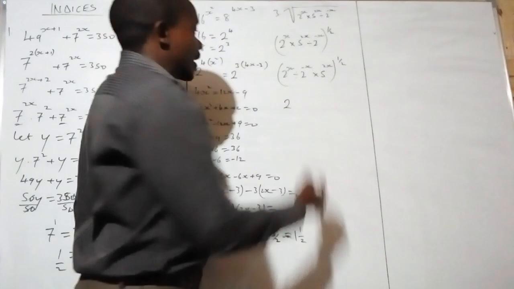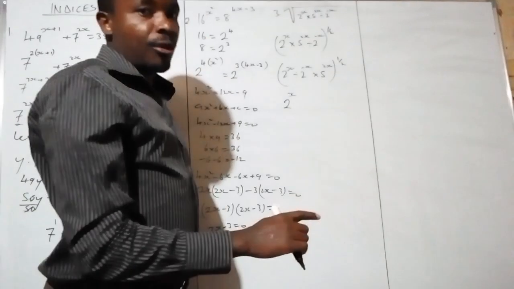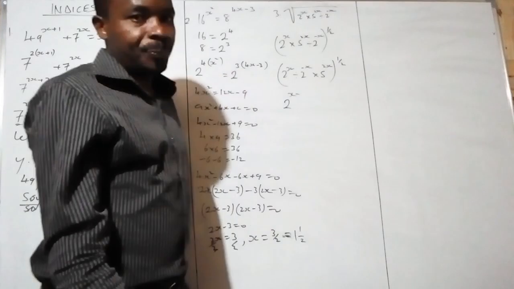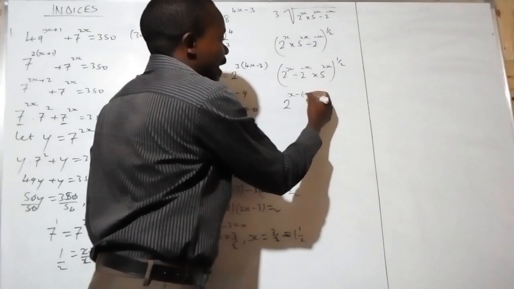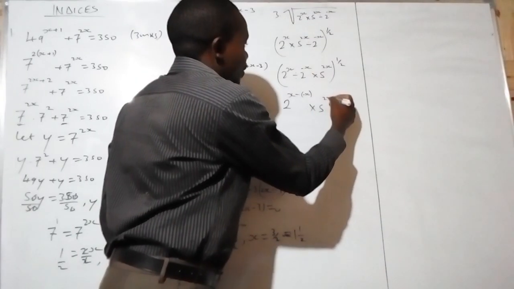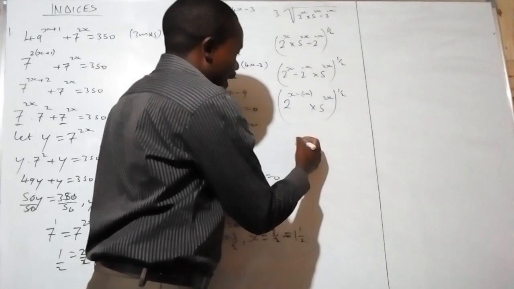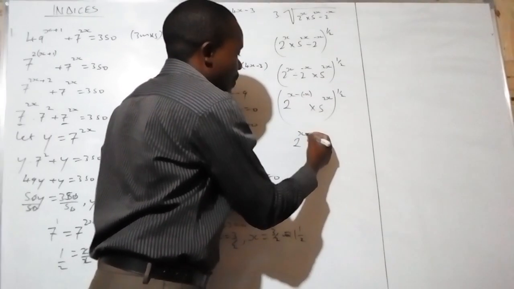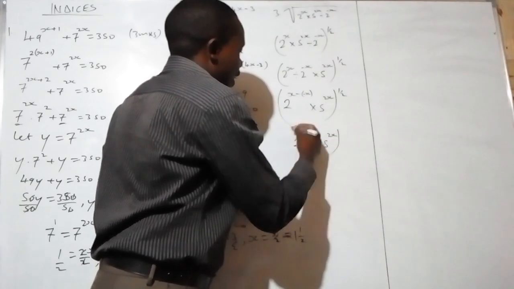Because here we have division, according to the law of indices, you start with subtraction: x minus negative x, in bracket, then times 5 raised to power 2x, all raised to a half. Next step, negative and negative is positive, so x plus x times 5 raised to power 2x, in bracket a half.